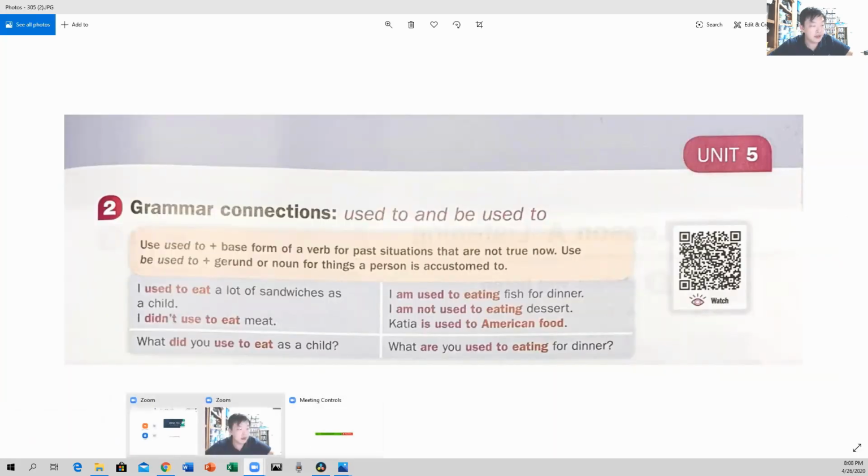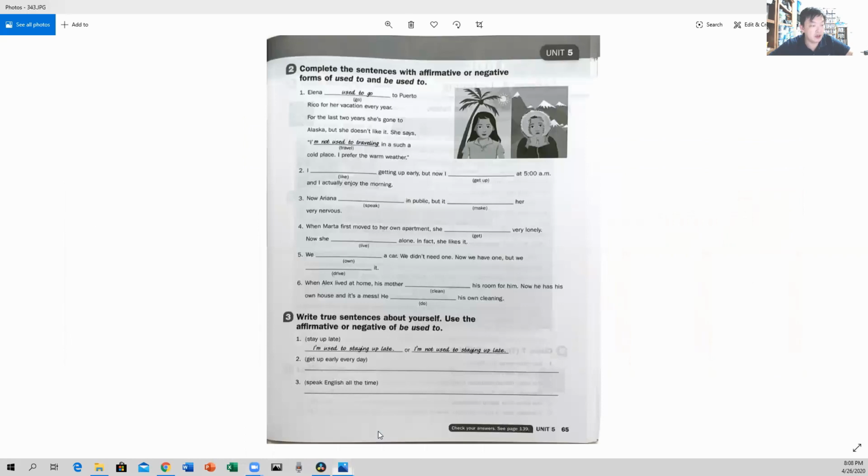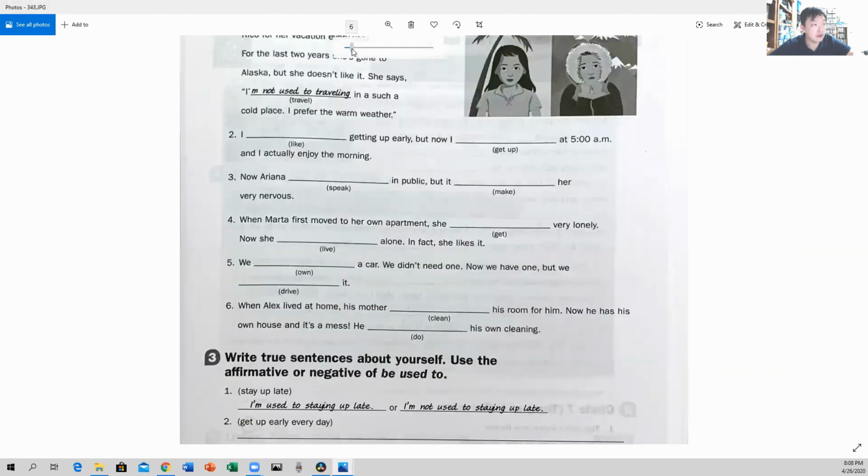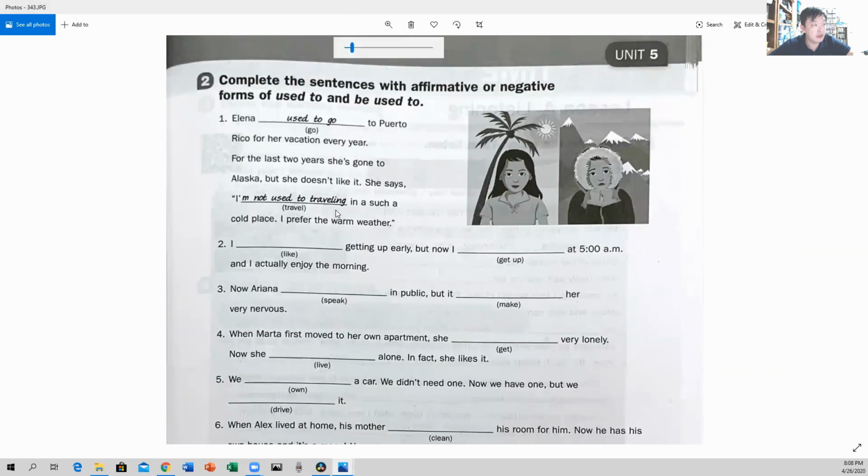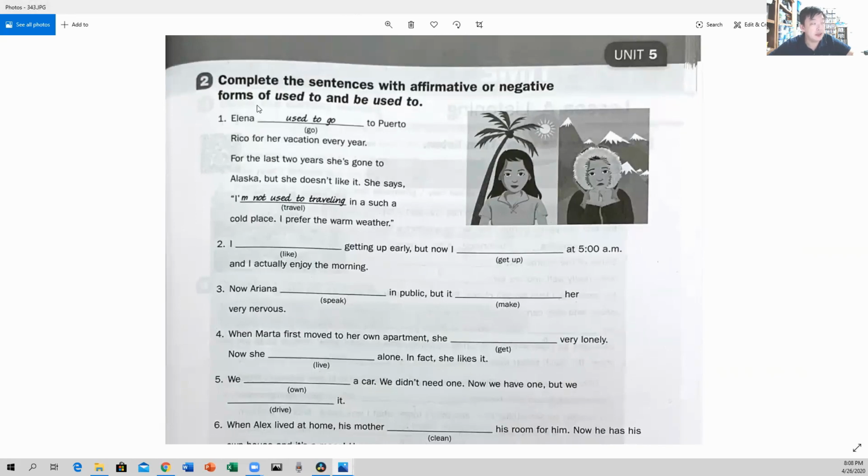Okay, let me see here. We are going to our workbook, page 65. Okay, I'm gonna go to our page 65, and we're gonna do exercise 2. So we are in our workbook, page 65.